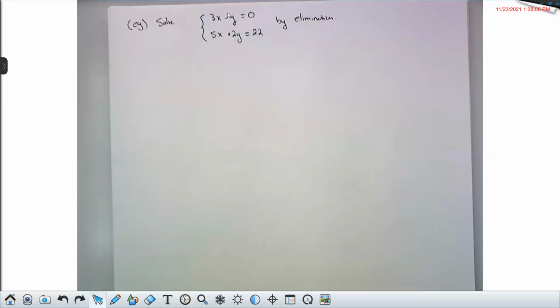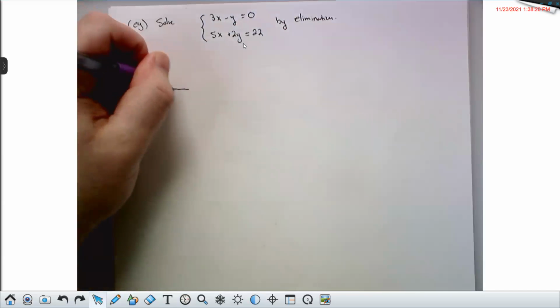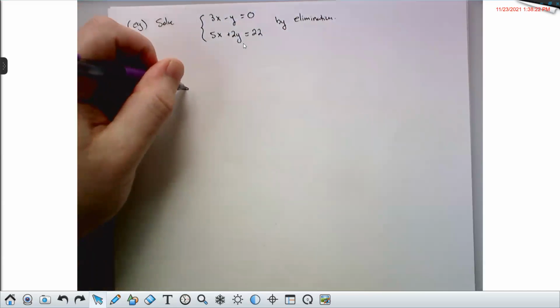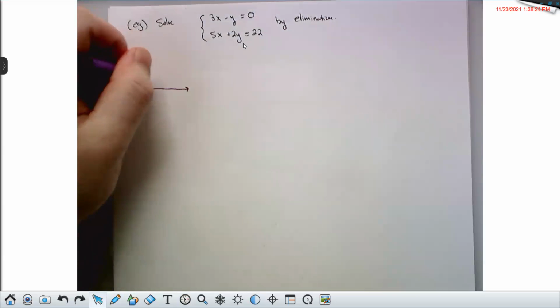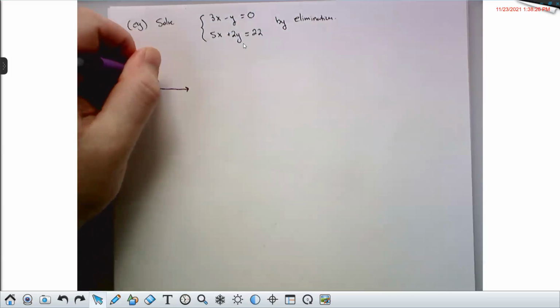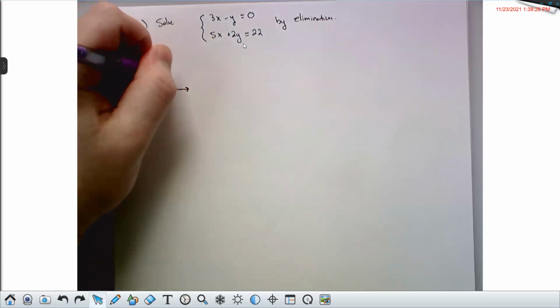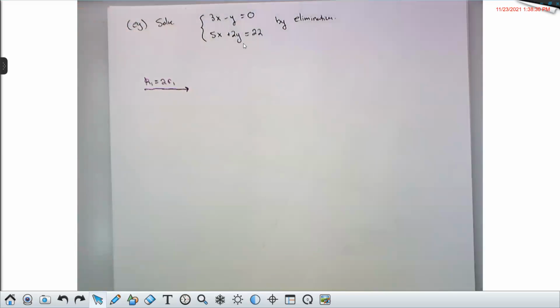I think it's easier to eliminate the y's because I've got a -1y here and a positive 2y here. So all I have to do is multiply through equation 1 by the number 2, and I'll have the y's ready to eliminate. So my first row operation here would be to make my new row 1 equal to 2 times my old row 1.